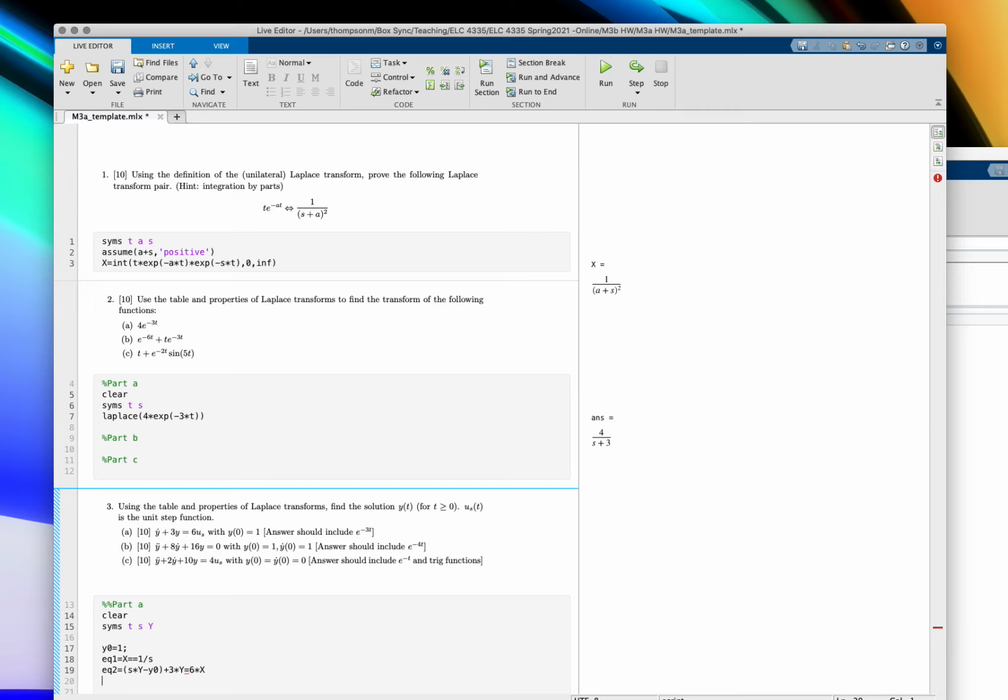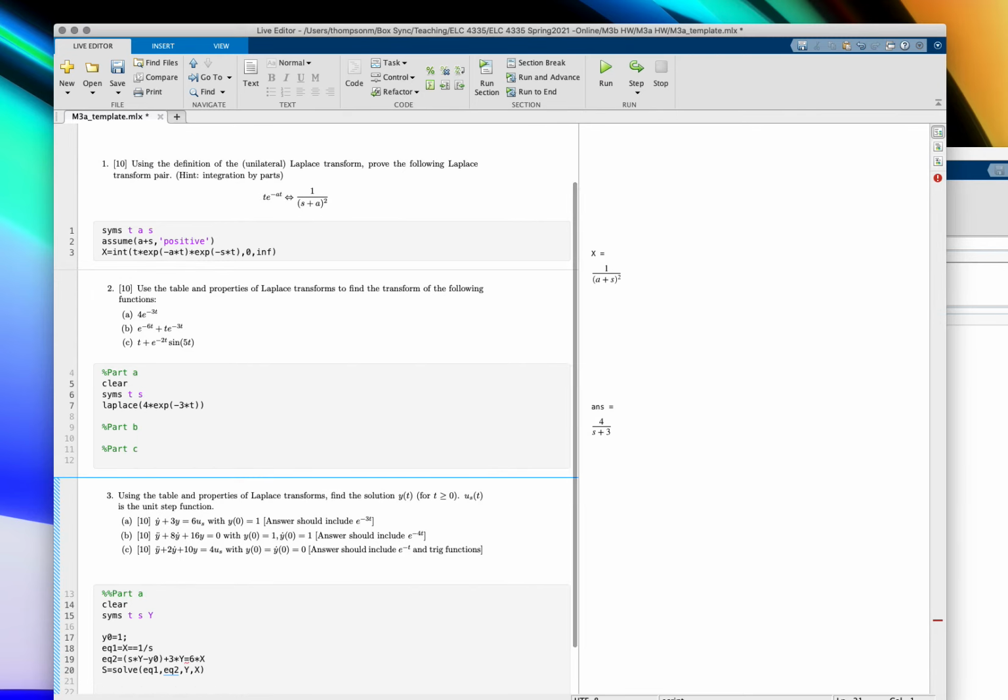All right, so that's my second equation. Okay, here's the next step that's a little bit tricky. I'm going to say solve equation 1, equation 2 for y and x. Now it seems a little redundant to solve for x, but that's the way it's set up to make this work, so that it can be generalized enough where I can substitute different forcing functions for this differential equation.